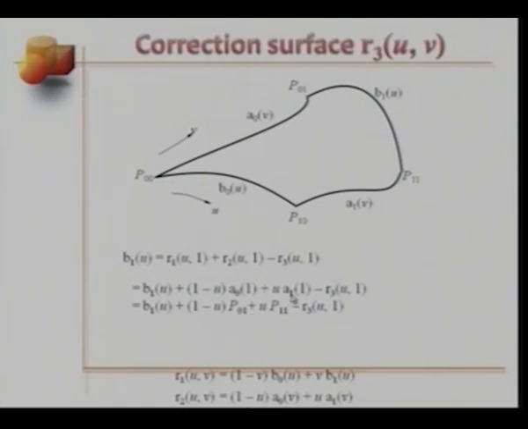What is A1 for V equals 1? We are here. For V equals 1, we are at point P11. With this right hand side, with this as the left hand side, B1 of U cancels out, and so we have R3(U,1) equals 1 minus U times P01 plus U times P11.